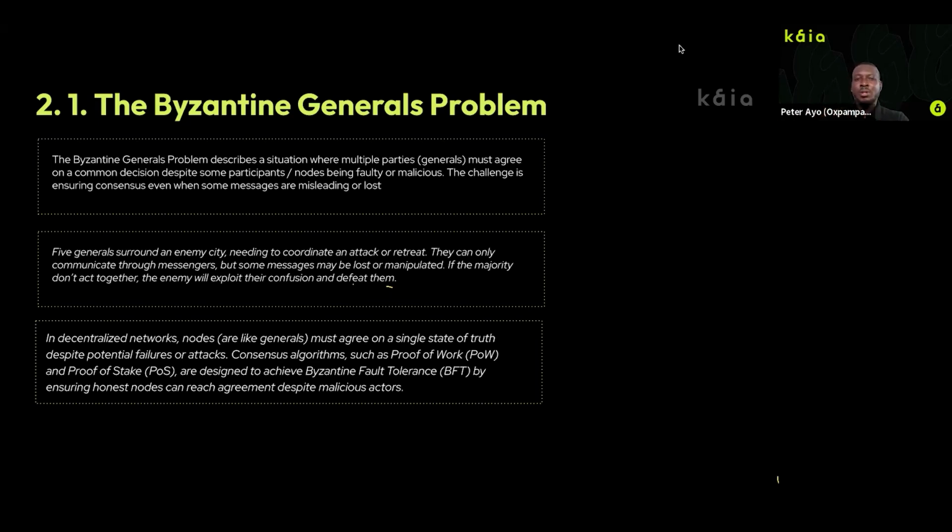Now, this is the concept of the Byzantine generals problem, and it speaks to the fact that the same is also applicable on the blockchain, right? In this case, the army generals represent various blockchain nodes, which need to come to an agreement on how transactions are being validated on the blockchain.